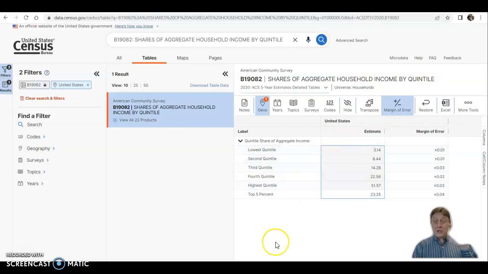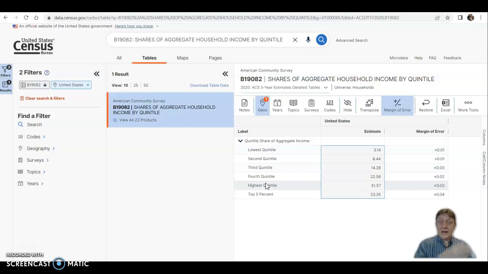And you'll notice that a quintile refers to 5, but there are 6 rows. That's because the top 5% is part of the top 20%, which is the highest quintile. So what are we going to do? We're going to ignore the top 5%. And we're going to pay attention to these other quintiles from the lowest to the highest.